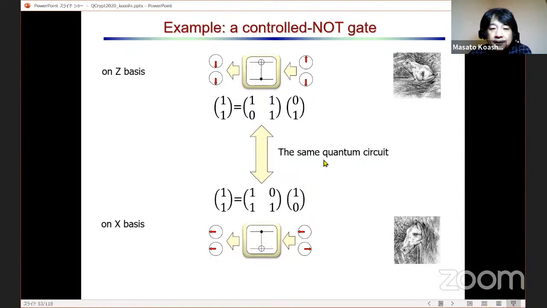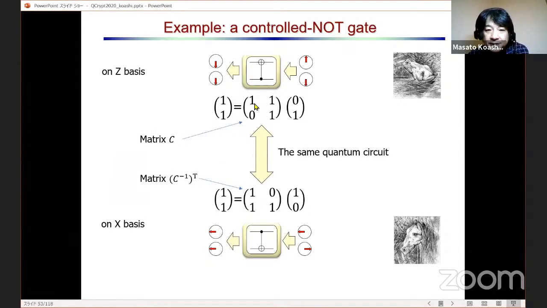And this actually generalizes to any matrix here. So a controlled-NOT operation is an operation of this matrix, but in the X basis, this is equivalent to an operation of this matrix. Even when the dimension of this matrix is larger, still, if this matrix is C, then the other matrix is given by its inverse and transpose.